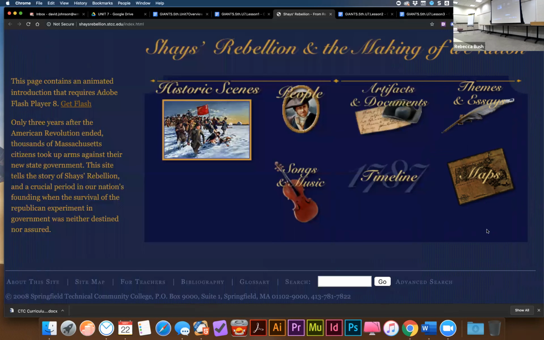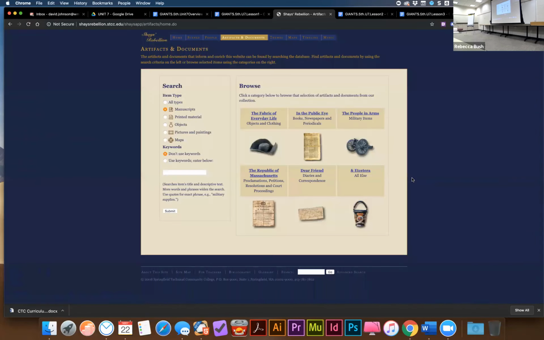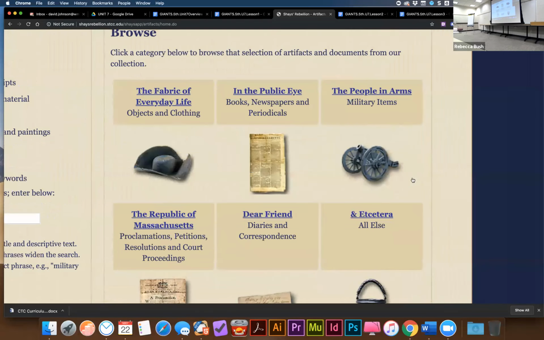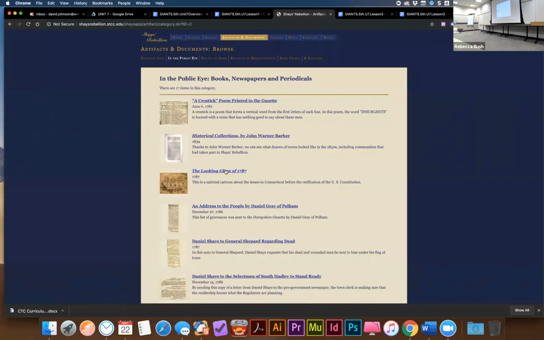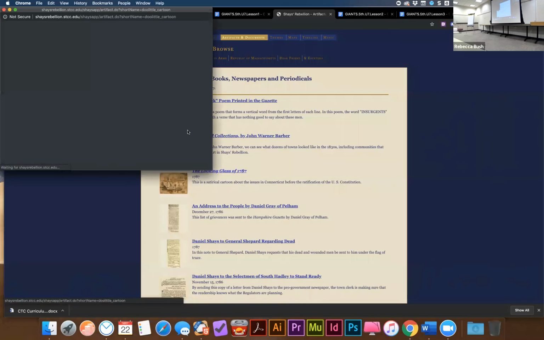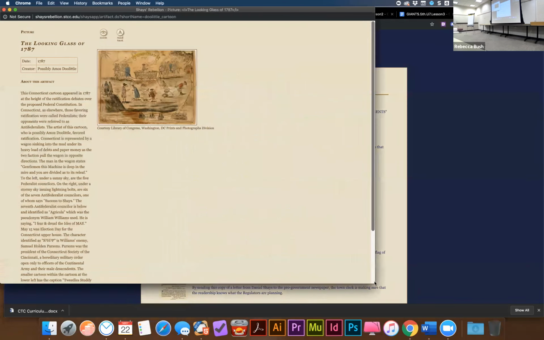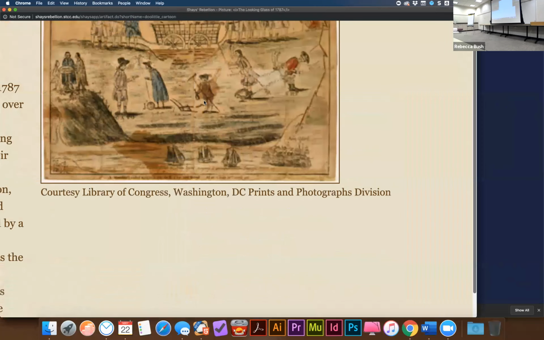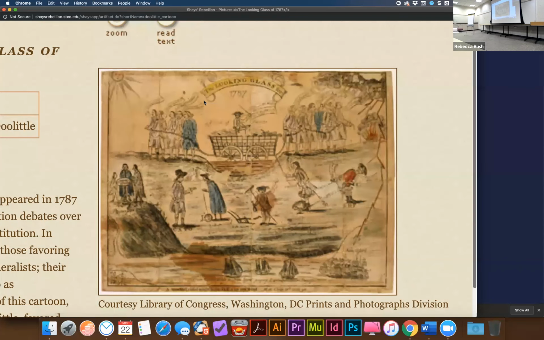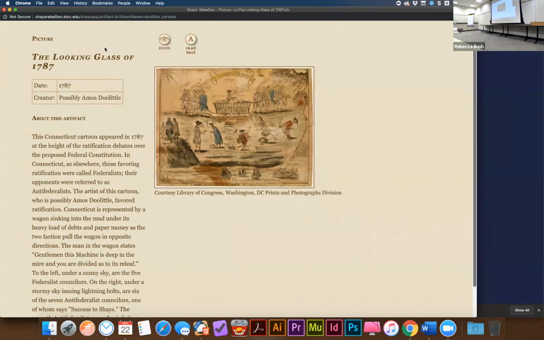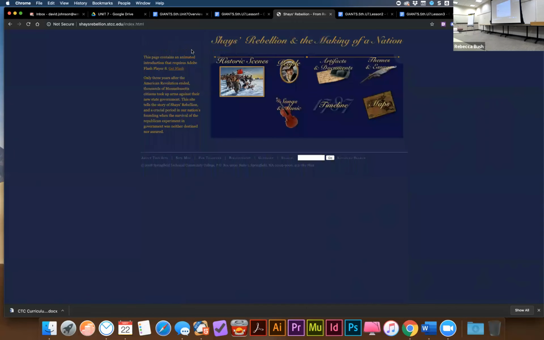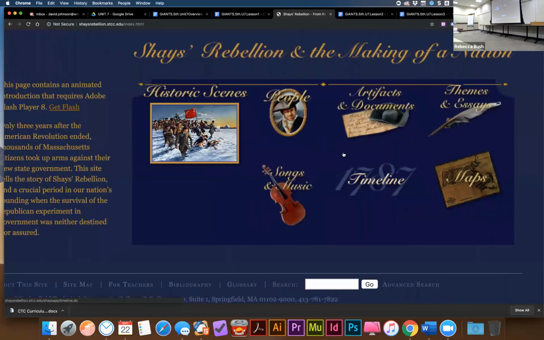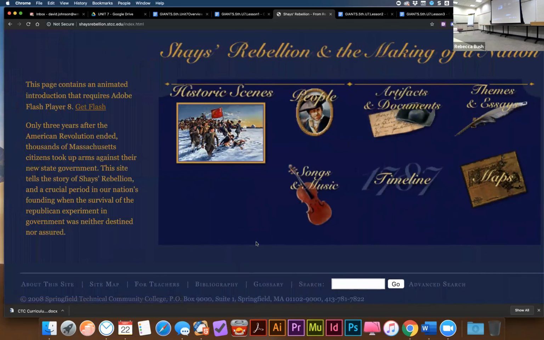Additionally, they have quite a few artifacts, which are really cool, because most of the time with Shays Rebellion we don't see a lot of those artifacts. They're also pulling through a lot of the perspectives, so kids can get a more thorough understanding of why this was seen as a rebellion and what some of those really significant issues were all about and why they were so hotly debated. Like I said, it's a great site.